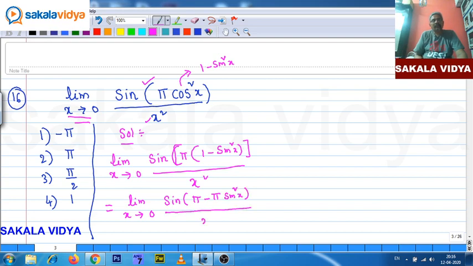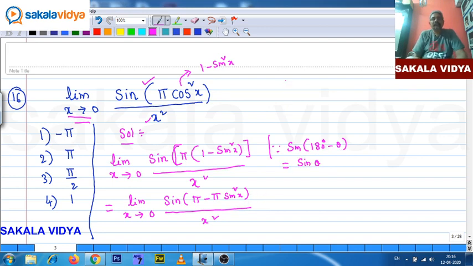So we have one formula, sine of 180 degrees minus theta is sine theta, because 180 minus theta is second quadrant.